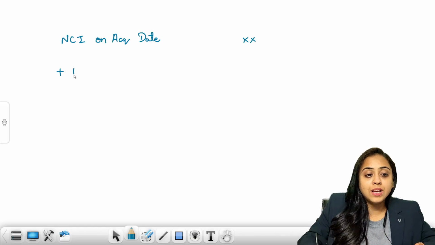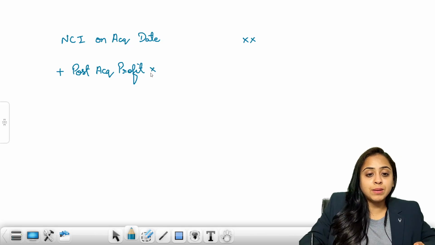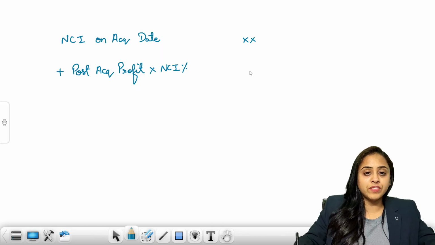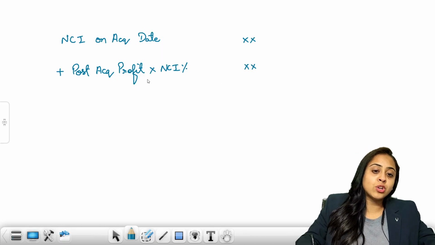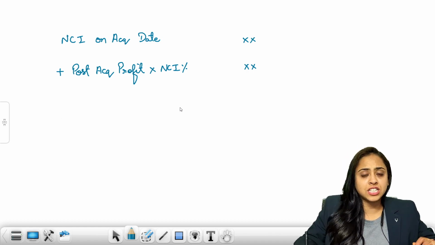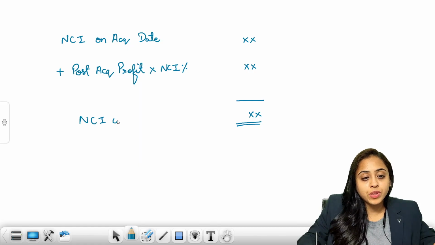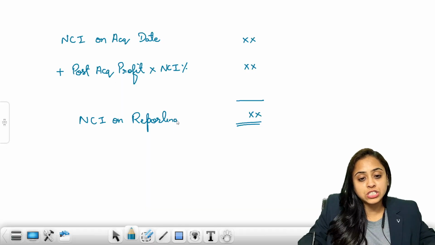Then you will add post acquisition profit multiplied by NCI percentage. Let's say in this case 25%, you will add the same. If it's a loss, similarly the loss will be deducted, and if there is any other adjustment, that will be taken care of, and then the amount that you get is known as NCI on reporting date, the date on which you're preparing your financial statements.